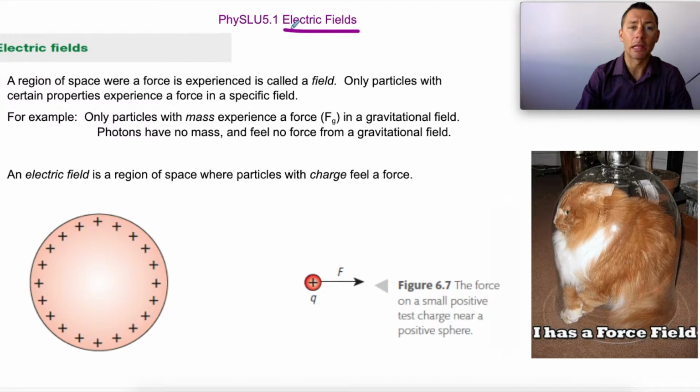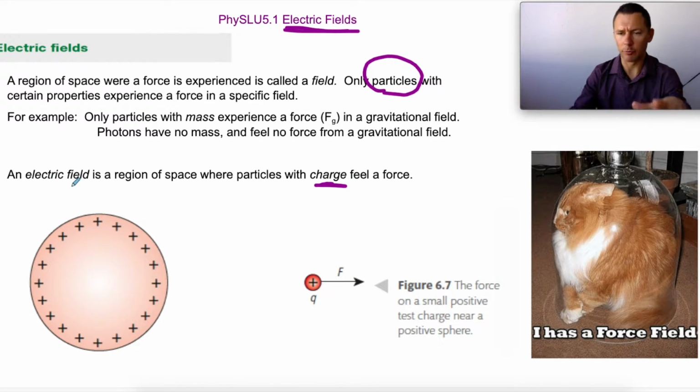But an electric field exerts a force only on particles with charge, right? So an electric field is this area in space where particles that are charged feel a force. Non-charged particles like neutrons don't feel a force there, right?